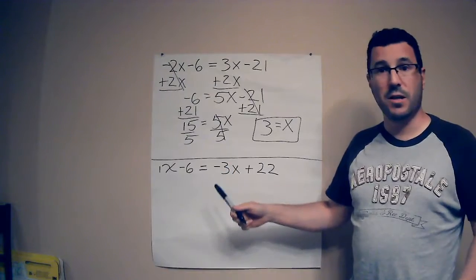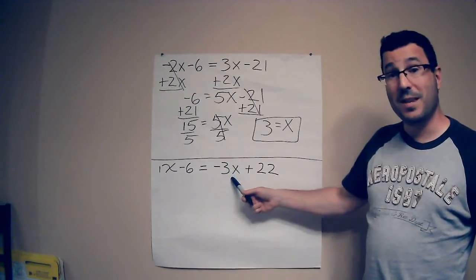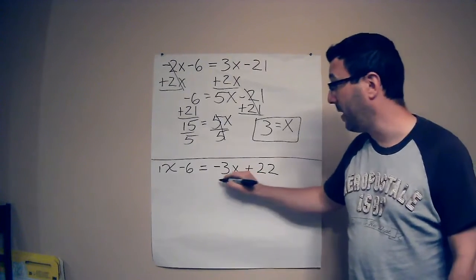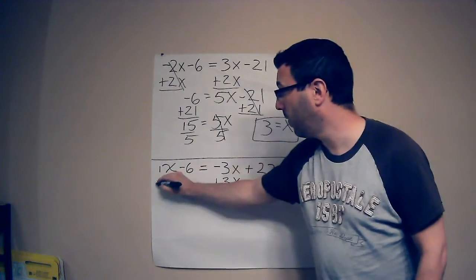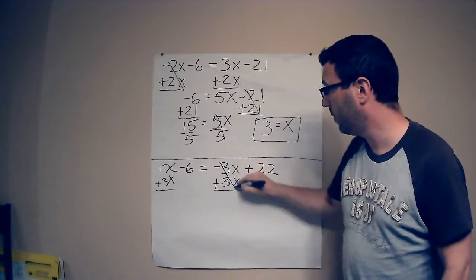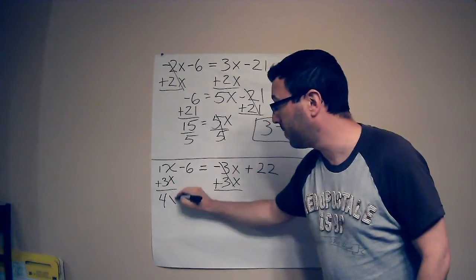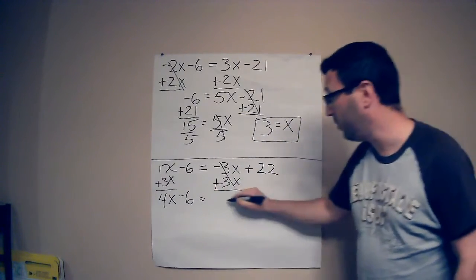It's always going to be bigger than a negative number. So we're going to move the negative 3. Opposite of a negative, positive 3. Cancel that out. 1 plus 3 is 4x minus 6 equals 22.